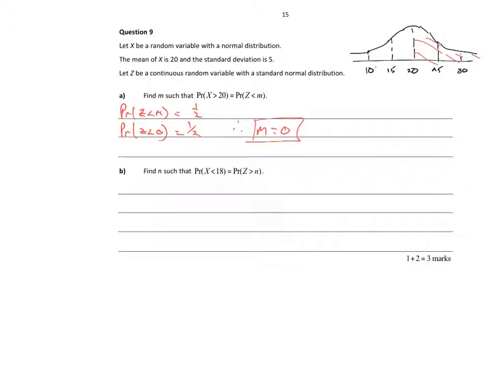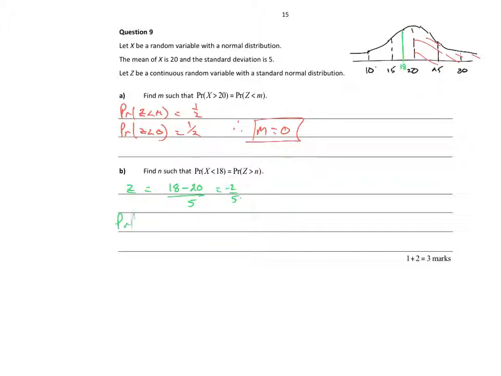Bang, straight away. Find the probability that X is less than 18, is the same as Z is greater than N. So X is less than 18 is in here. So it's not quite. So let's find a corresponding Z value. We know it's going to be negative because it's below the mean. Z is equal to 18 minus 20 over 5, which is equal to negative 2/5.